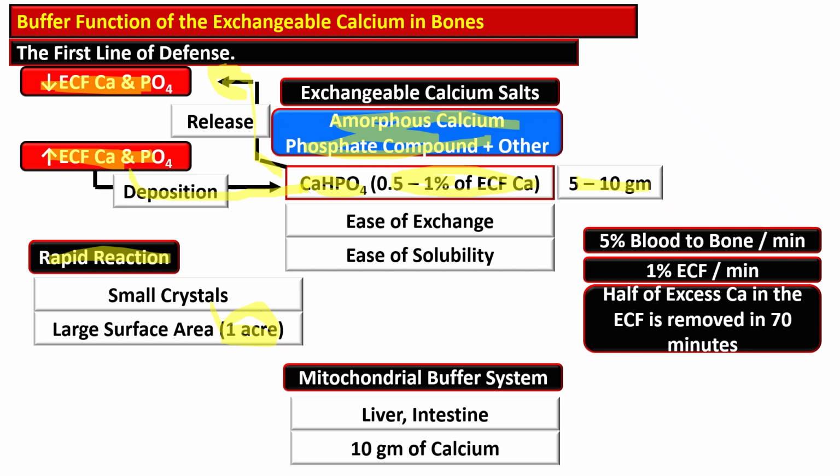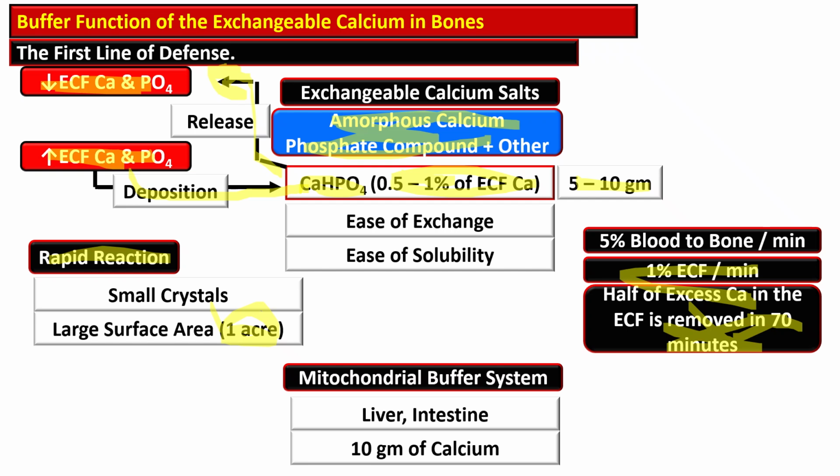About 1% of the extracellular fluid per minute interacts with the bone, and 50% of the excess calcium in the blood can be buffered by bone within 70 minutes.